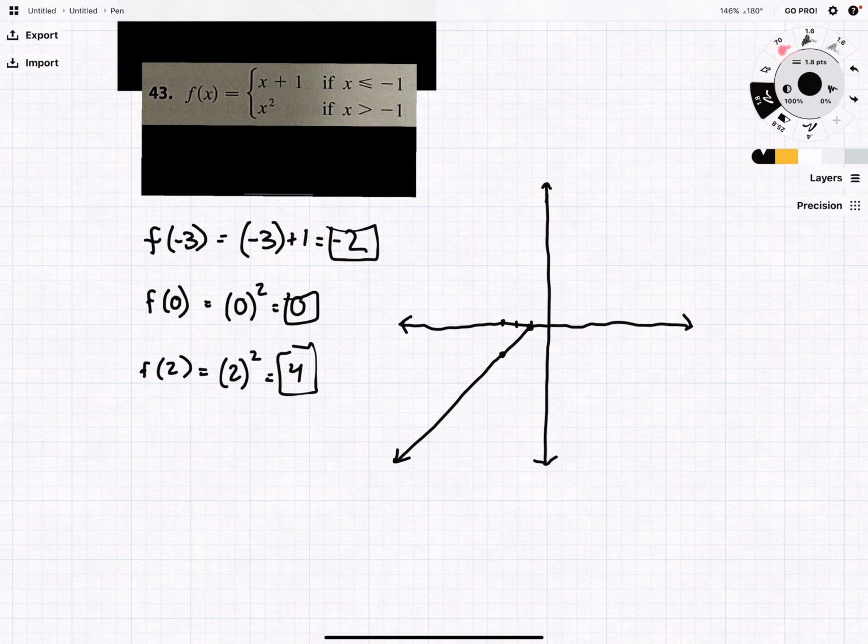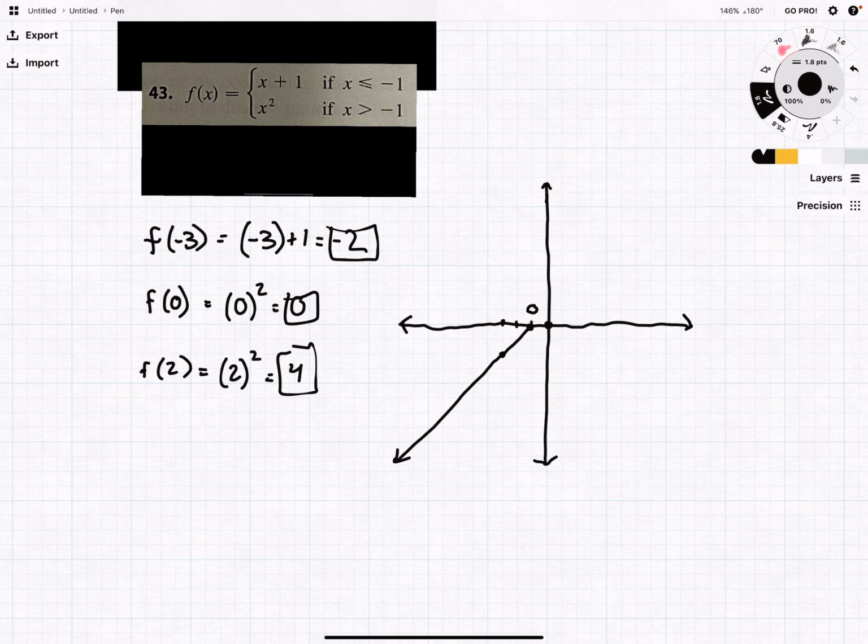Now for the second part, x squared if x is greater than negative 1. Right at the point negative 1, x squared would just be 1. So what we're going to have is an open circle here, and y equals 0 at the point x equals 0.